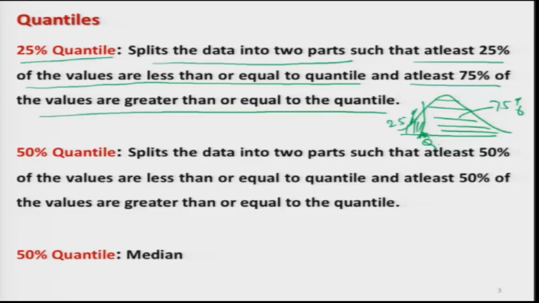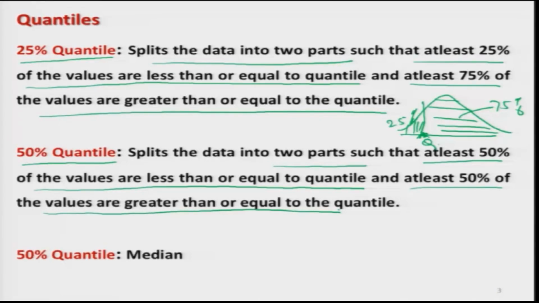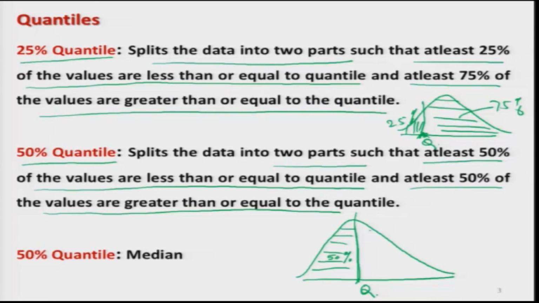And similarly, if I define the 50% quantile, then it will split the data into two parts such that at least 50% of the values are less than or equal to the quantile, and at least 50% of the values are greater than or equal to the quantile. So, once again if I plot the frequency distribution, the value of the quantile divides the total frequency into two parts such that this part is 50% of the total frequency, and this part is also 50% of the total frequency.